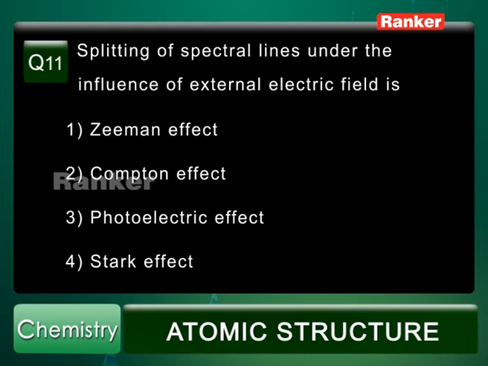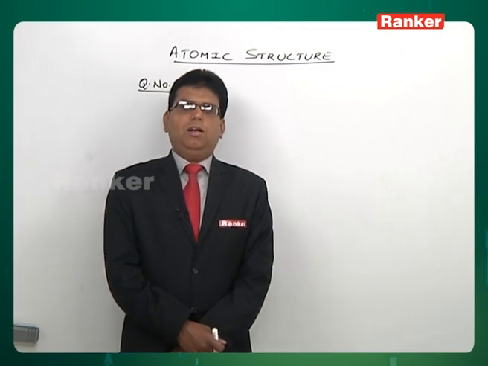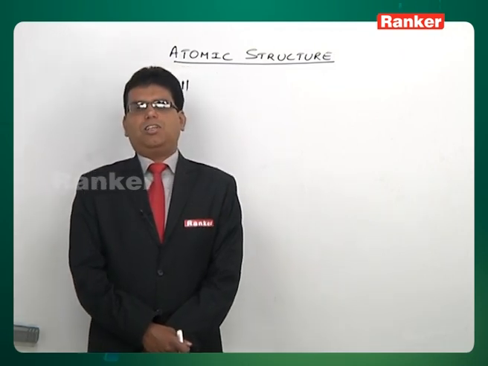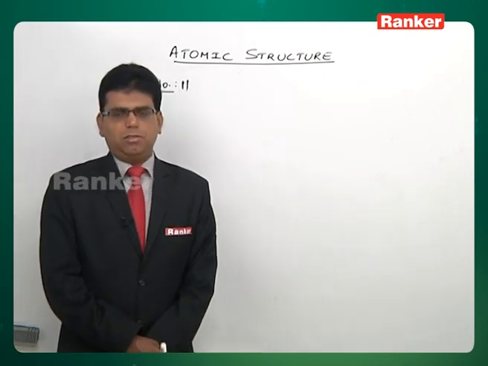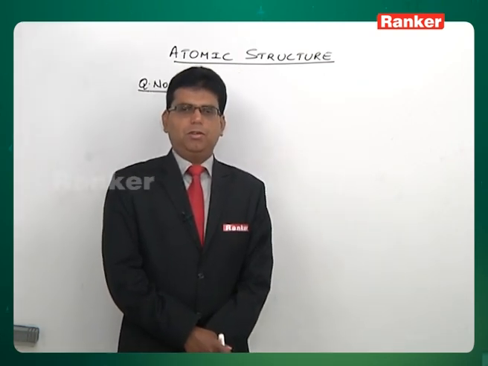Splitting of spectral lines under the influence of external electric field is called. While determining the orbitals, while studying the atomic structure, it was observed that when an atom is subjected to certain electrical and magnetic fields, there is a splitting of spectral lines observed in the spectra.